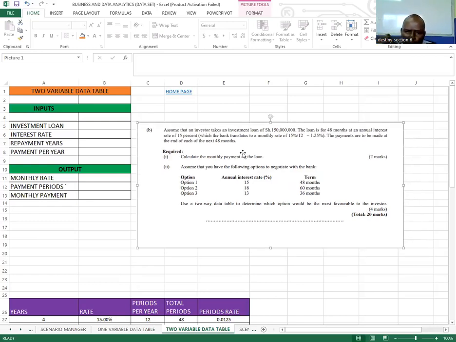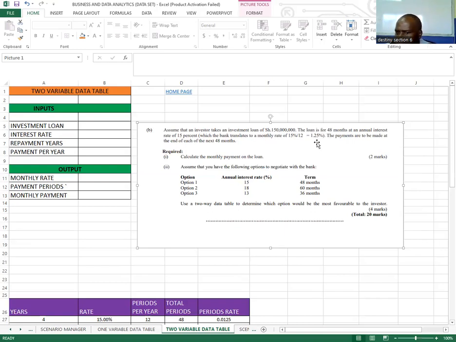Question B, this was a pilot paper, December 2022. Question number 23. So assume that an investor takes an investment loan of cash, 150 million. The loan is for 48 months at an annual interest rate of 15%, which the bank translates to a monthly rate of 15% per annum divided by 12.